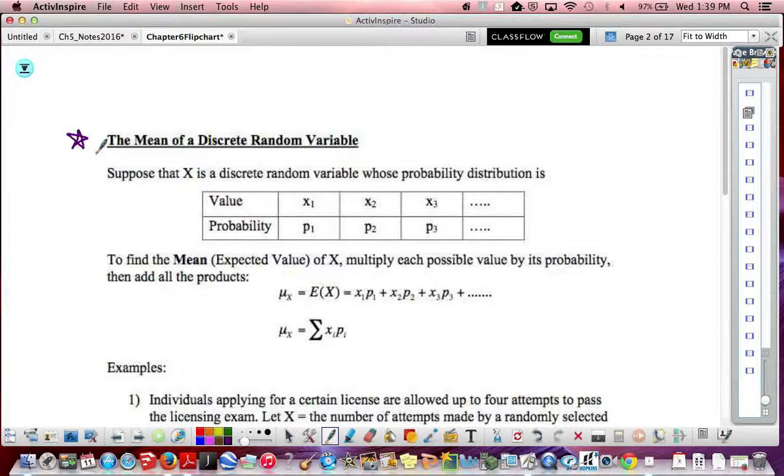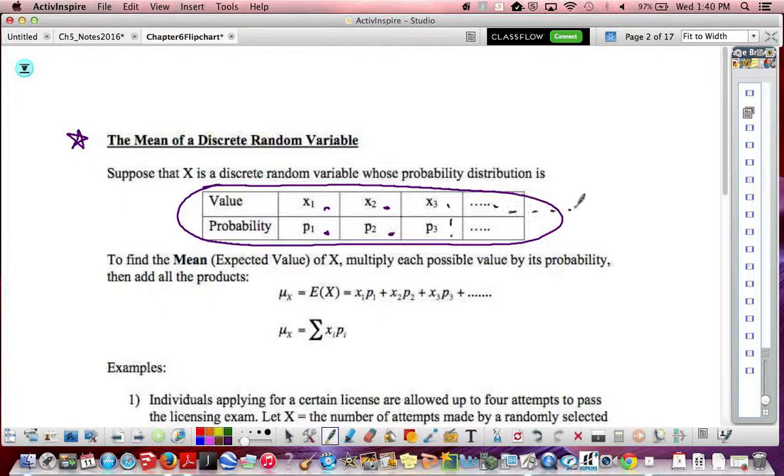So if you're given a discrete random variable that has some probability distribution that looks like this, you have an outcome, you have its assigned probability, you have another outcome with its assigned probability, and so forth until it ends somewhere. It will end. There will be a set outcome where it stops, like with the rolling of the dice, it went from 2 to 12 and then stopped.